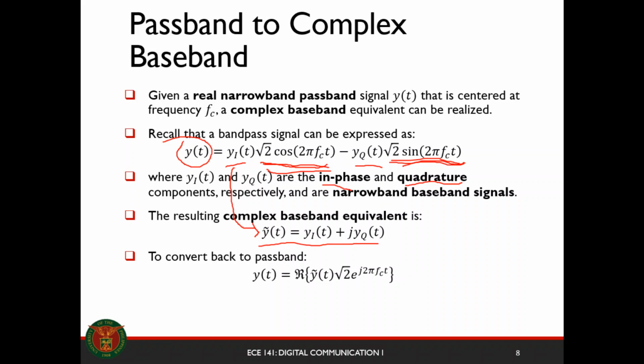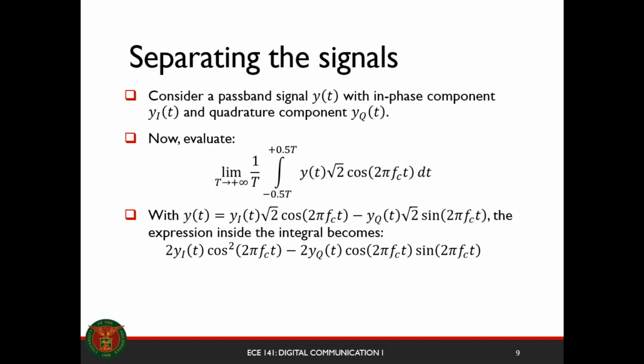To convert it back to the passband, you just get the real part of your complex multiplied by your carrier. Okay, so this square root of 2 here, we will see why it is there later. Okay. How do we separate the signals from a given y of t? So consider a given y of t and some in-phase yi, quadrature yq. We try to evaluate this integral right here.